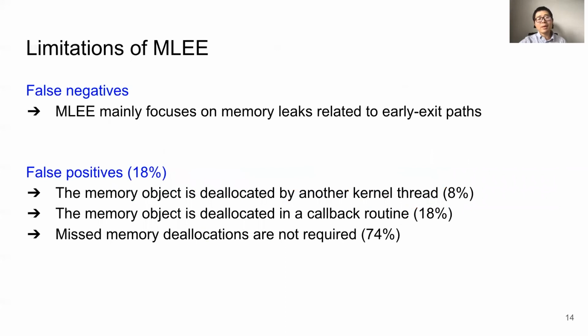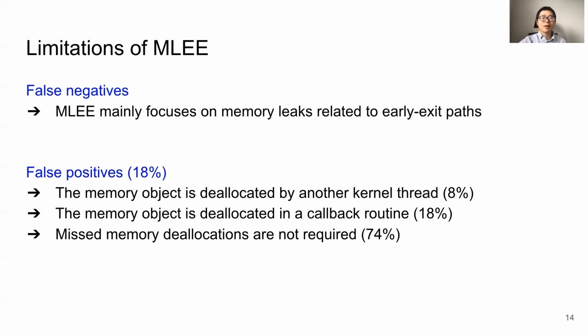As a static memory leak detector, MLEE also has some limitations. First, MLEE may have false negatives, as it mainly focuses on memory leaks related to early exit path. Second, MLEE may also report false positives.